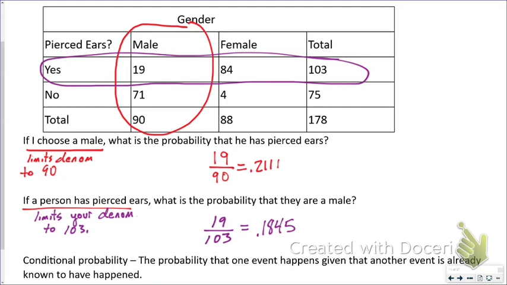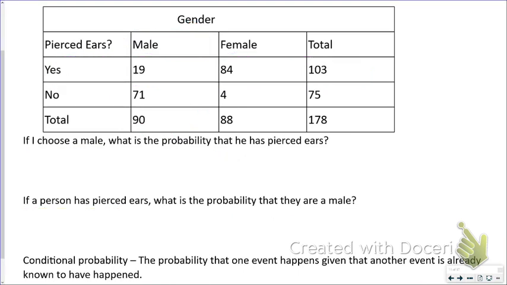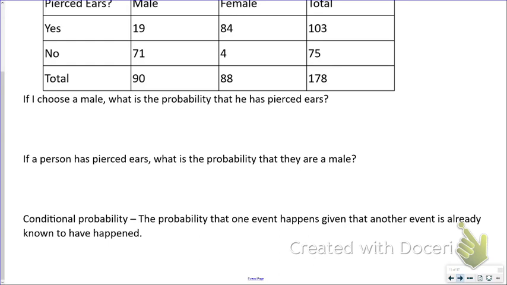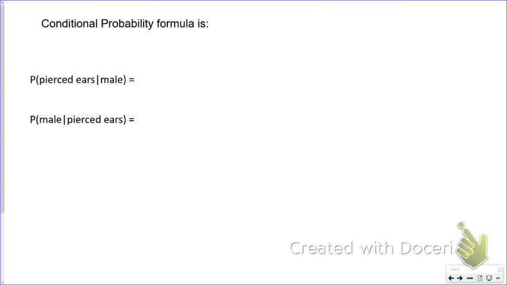Some people struggle and they have to have a formula. So this formula, on the next slide, is on your formula chart. They have this typed on your formula chart.